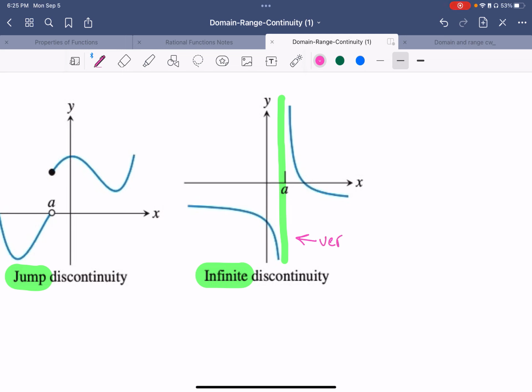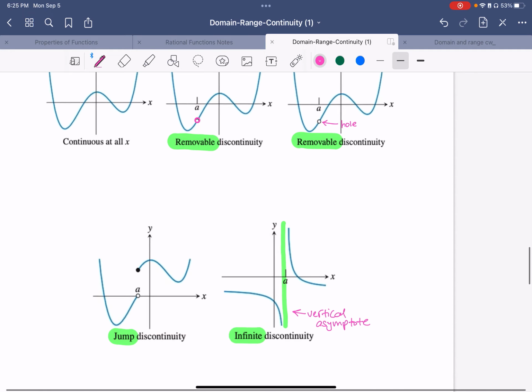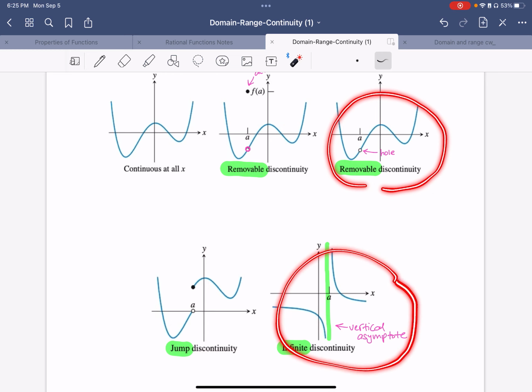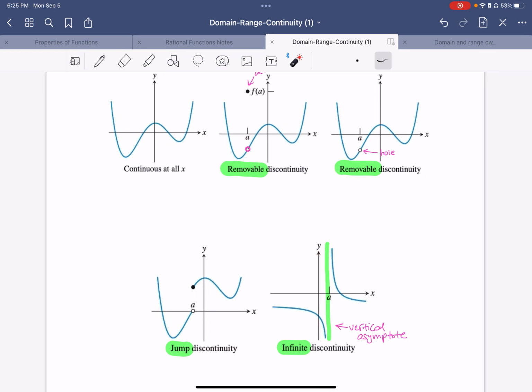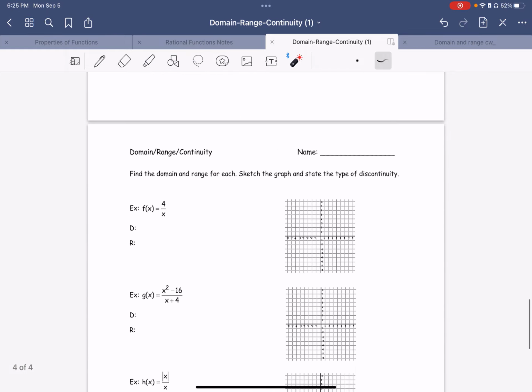Okay, so this is a vertical asymptote, and just like with the hole, they might ask you on the ACP where is the infinite discontinuity, and you need to know that that's the same thing as vertical asymptote. Okay, so when we do rational functions, these are the two most common types of discontinuities that we're going to be solving for. But yes, we'll do that lesson in a little bit.